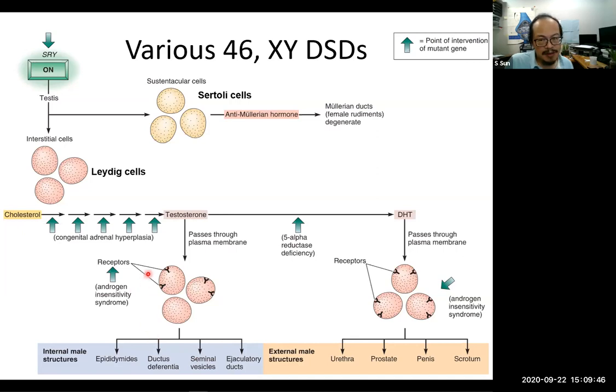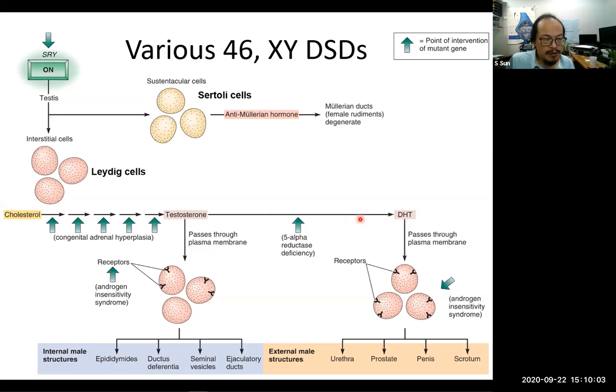If the receptor has disappeared, then even though we have a lot of testosterone, we have no receptor, so this organ won't be developed. We also need to convert the testosterone into DHT.